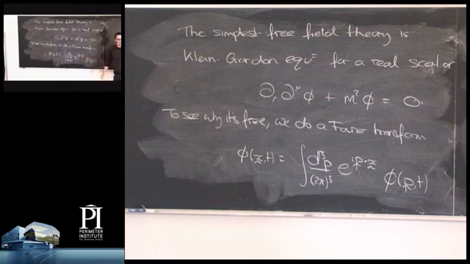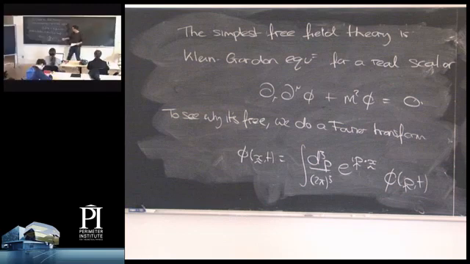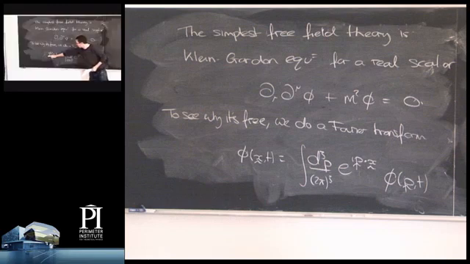It's not the conjugate momentum of phi. It's a 3-vector. It's also not the conserved momentum associated to a field. Given a field configuration phi of x, we can just rewrite it in terms of a new one, phi of p, and they're related in this way.